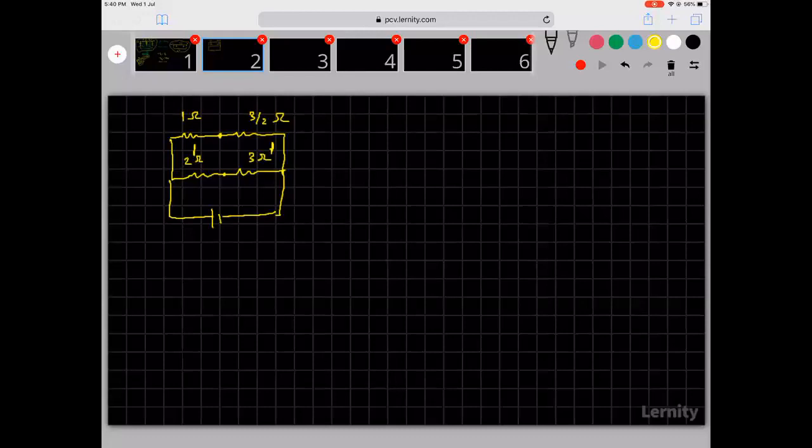Now, whenever 2 points are at the same potential, connecting any wire or removing any resistor will have no influence.